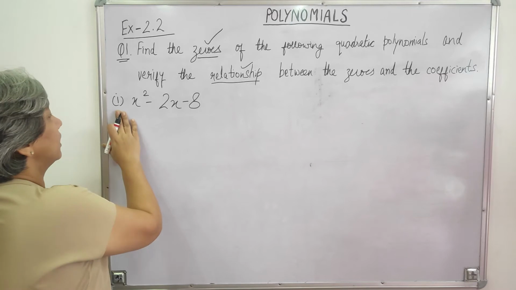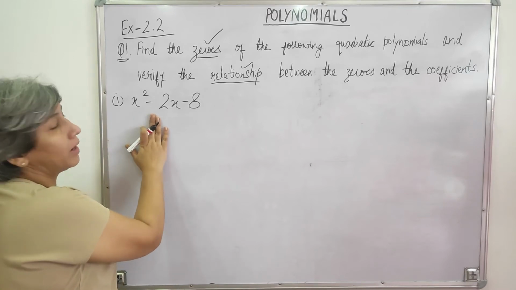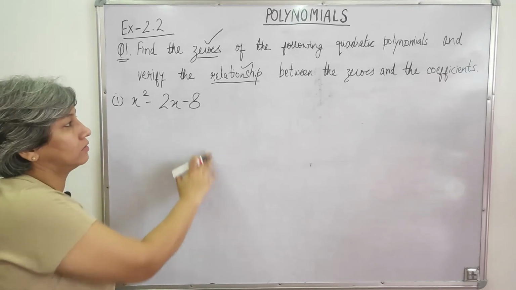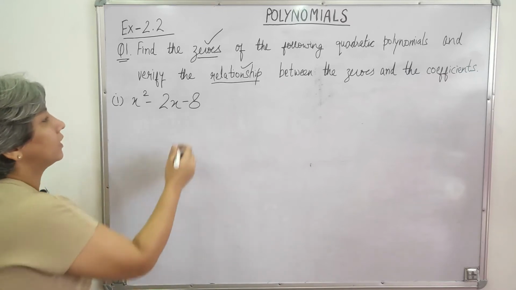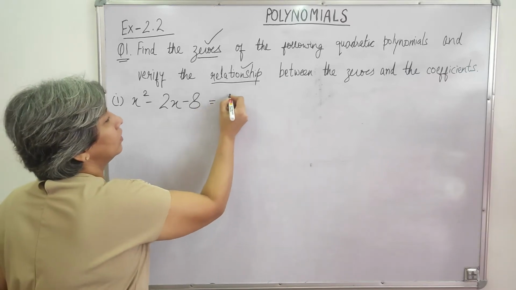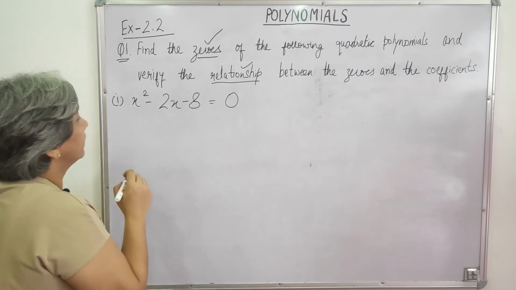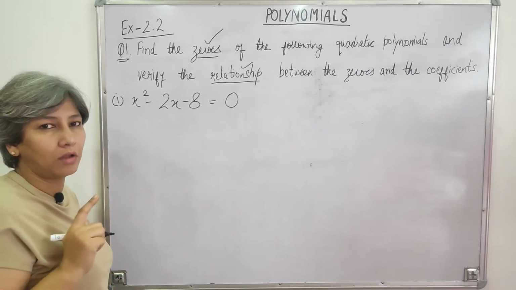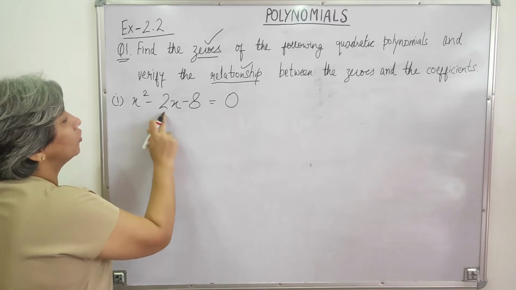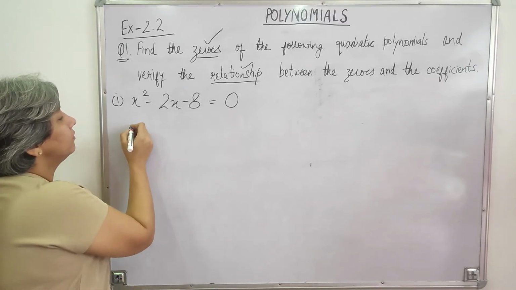The first part being x square minus 2x minus 8, right? So we'll make it a quadratic equation to get our zeros. And as we've done in our 9th standard as well, we'll do it by splitting the middle term.